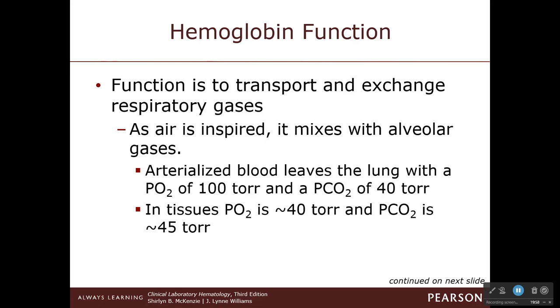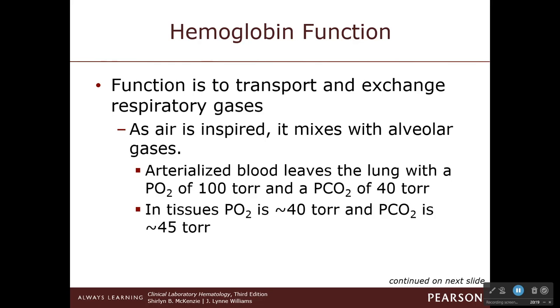And we have these bridges that bond two together. We'll keep that tetrad. There's two dimers added together makes a tetramer. So you've got beta 1, beta 2, alpha 1, alpha 2: 2 alpha, 2 beta.